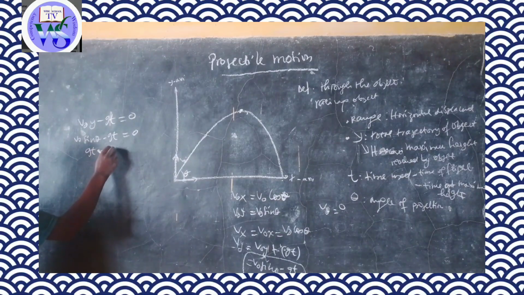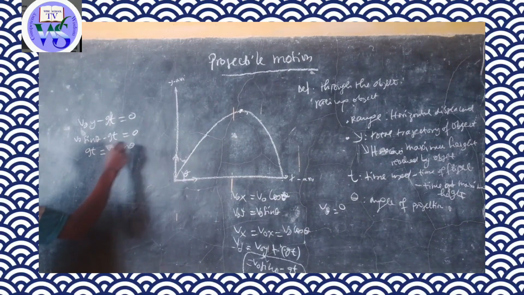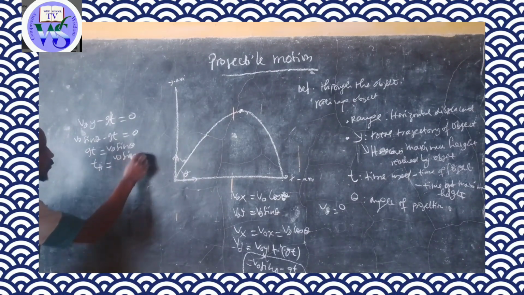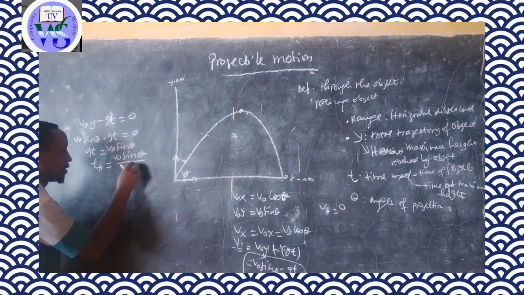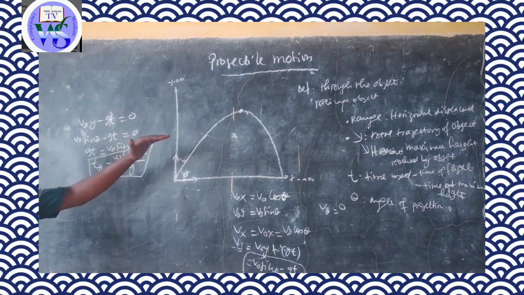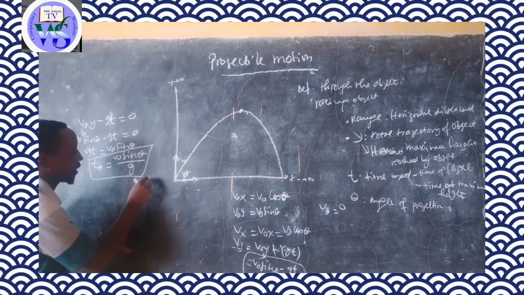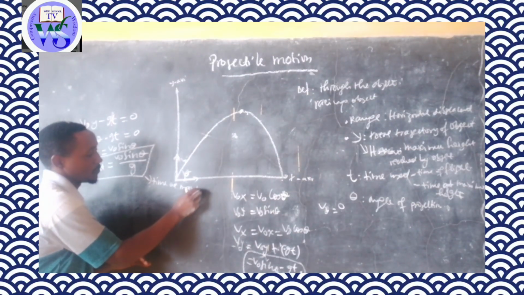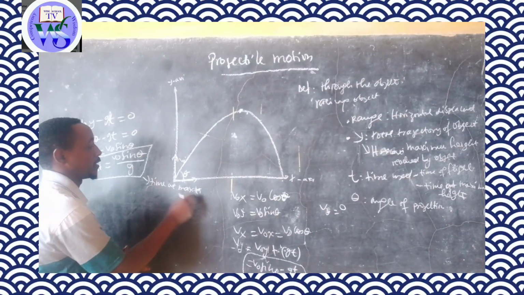Then gt is equal to V0 sine of theta, so t at h max is equal to V0 sine of theta divided by g. This is the time at maximum height.